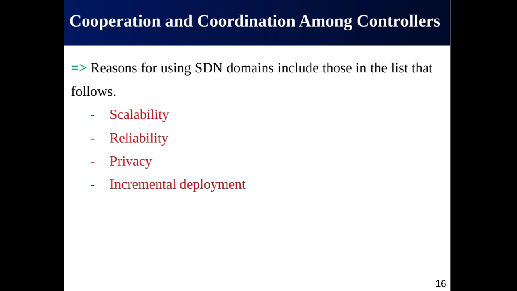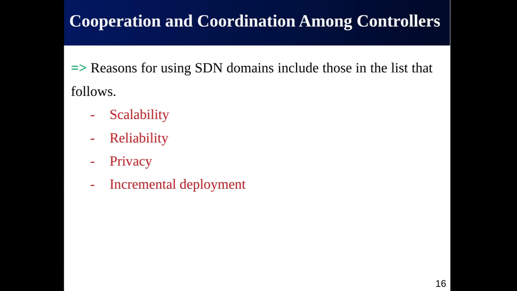Therefore, a reasonably large network setup may need to deploy multiple SDN controllers. So scalability. Reliability. We know that the use of multiple controllers would avoid the risk of a single point of failure. Privacy. A carrier may choose to implement different policies for privacy in different domains.